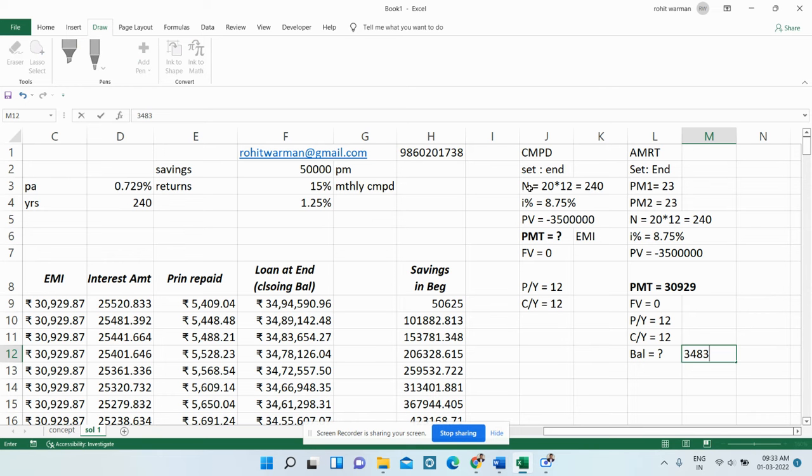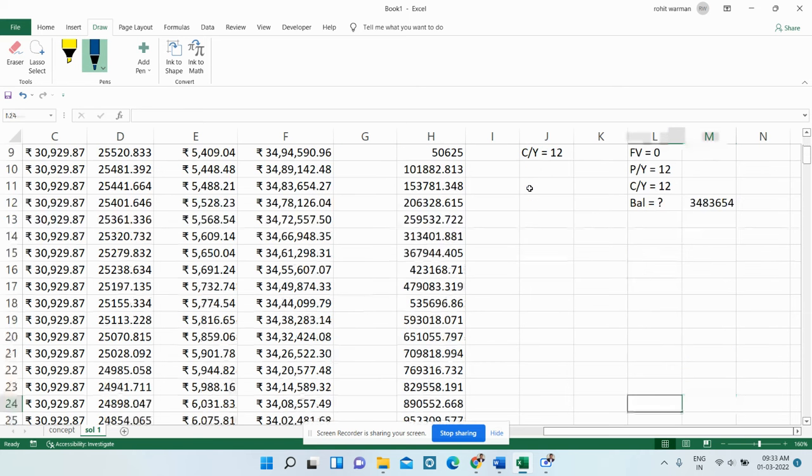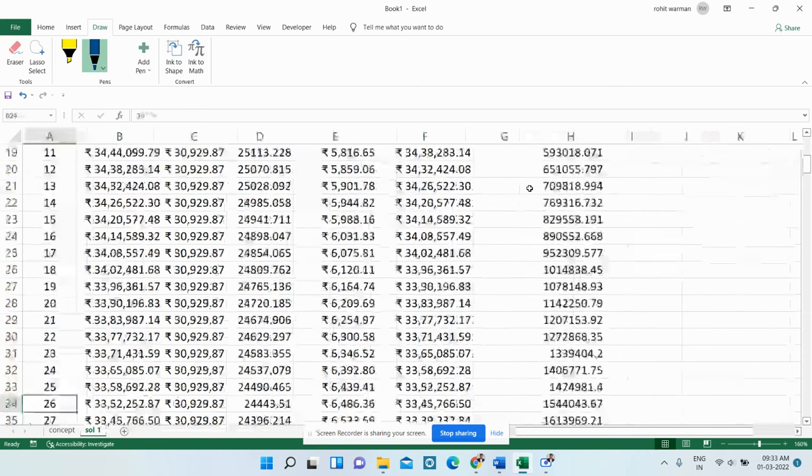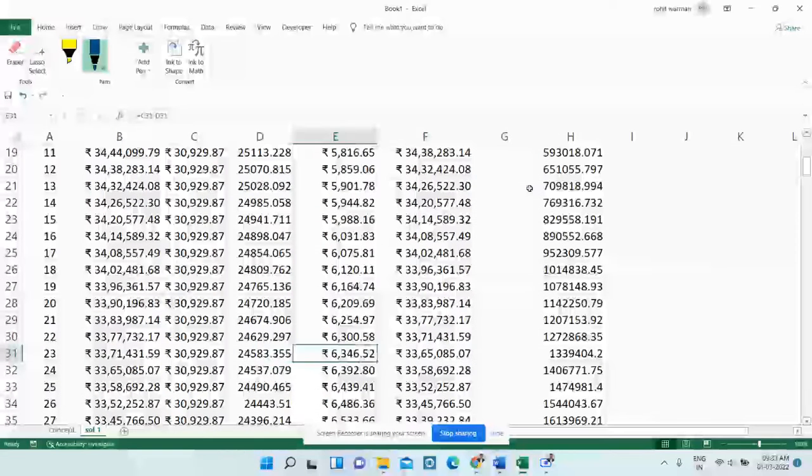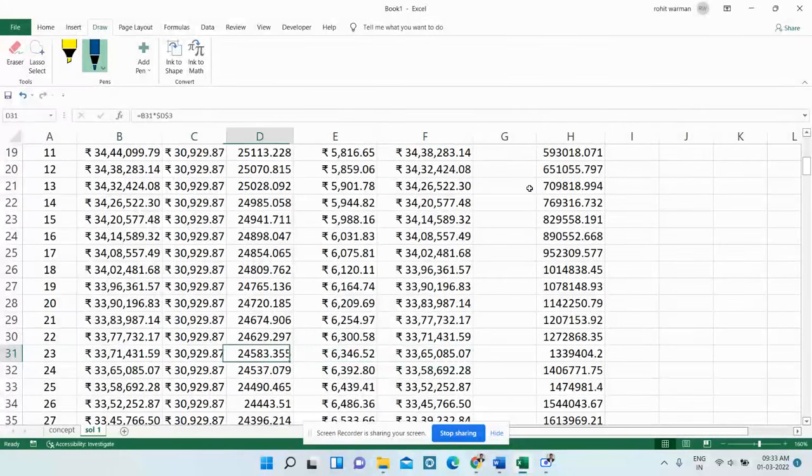And the balance amount you will see is 3483 654. Let me check here in the 23rd month. It shows 3365, so somewhere I have missed. Just a minute.